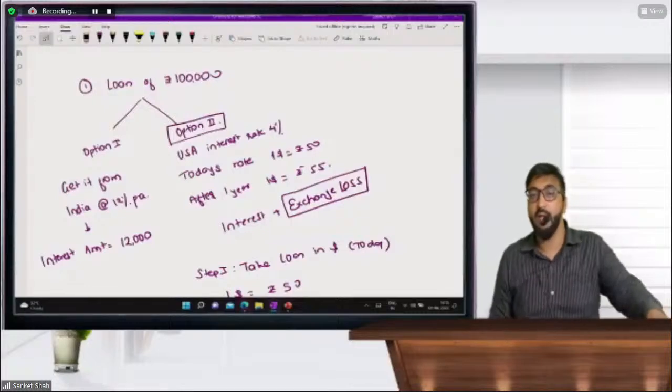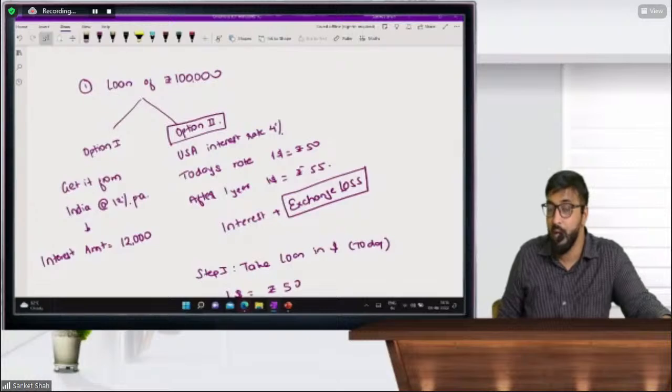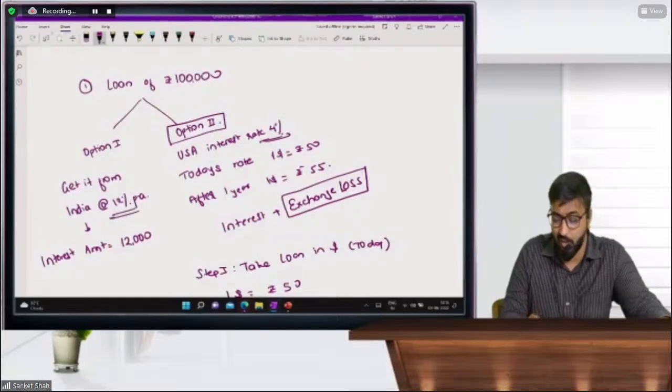So in India, you have opportunity to take the loan at 12%. But instead of taking in India, you have taken loan from USA. And the reason is not because of exchange loss, because you are not aware about your foreign exchange loss, but you thought that 4% will be the interest rate. It is lower than the Indian interest rate, that is 12% per annum.